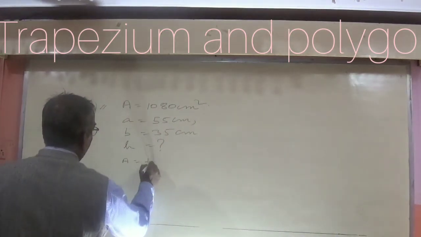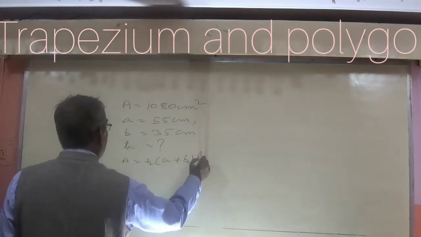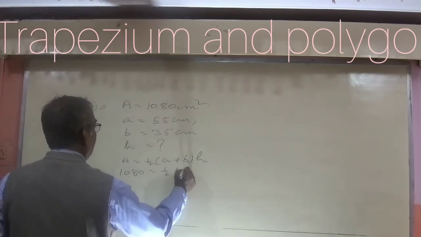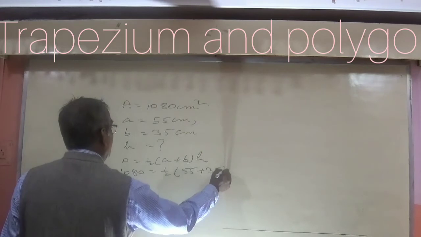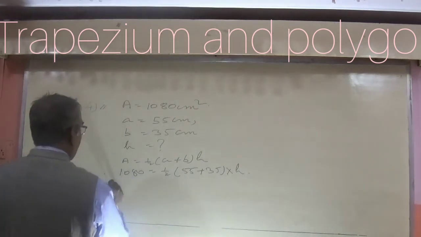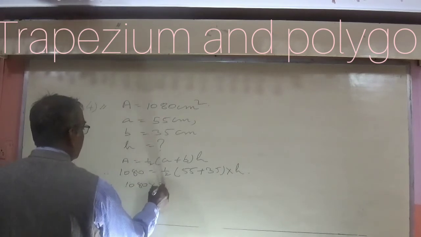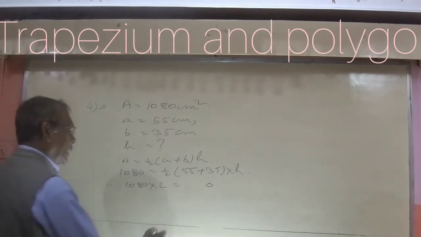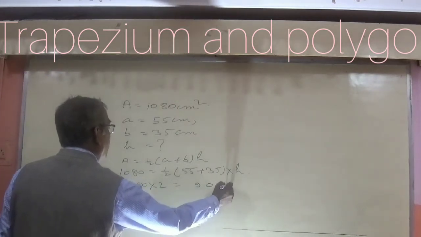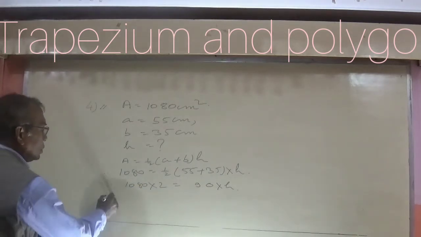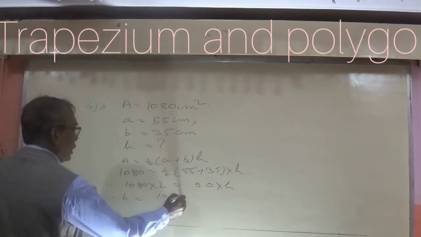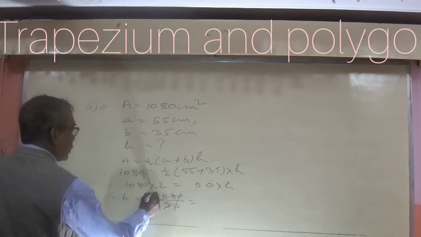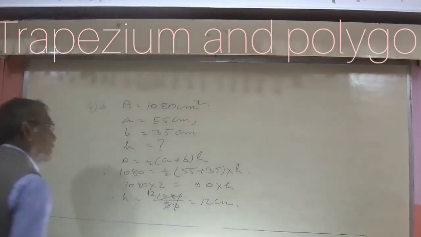Area is equal to half into A plus B into H. 1080 is equal to half into 55 plus 35 into H. Cross multiplying, 1080 into 2 is equal to 90 into H. So H will be equal to 2160 by 90, which is 24 centimeter is the height.